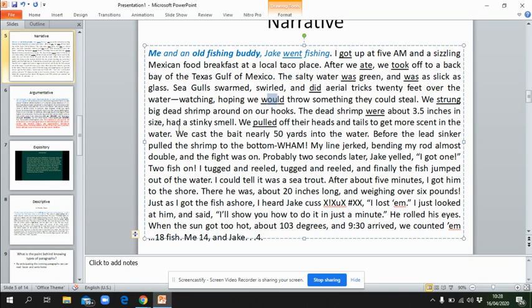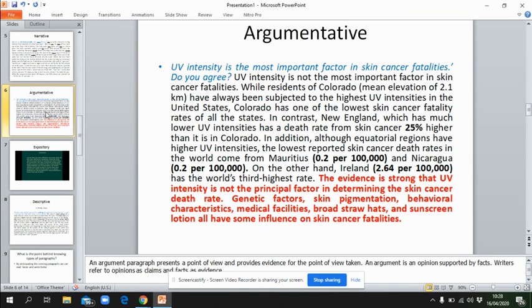It's easy for us. Narrative is a story paragraph. The second type of paragraph is argumentative paragraph. An argumentative paragraph tries to persuade the reader to believe in the writer's opinion. Whether the reader likes it or not, the reader should agree with the writer's opinion.